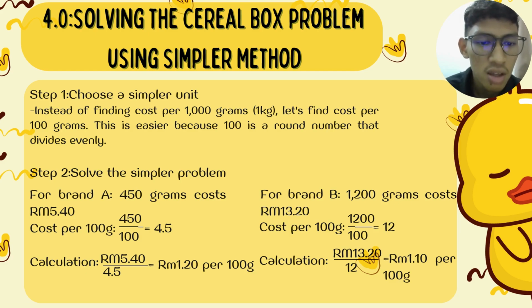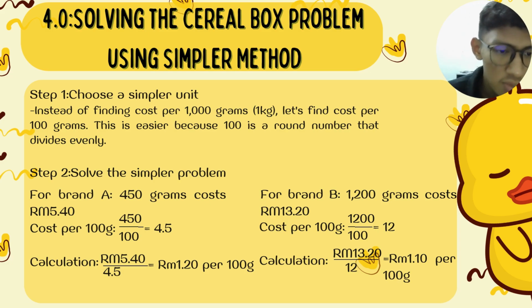For brand A, 450 grams costs about 5 ringgit 40 cents. To get the cost per 100 grams, we divide 450 by 100, which gives 4.5. The calculation is 5 ringgit 40 cents divided by 4.5, and we get 1 ringgit 20 cents per 100 grams. So that is for brand A.